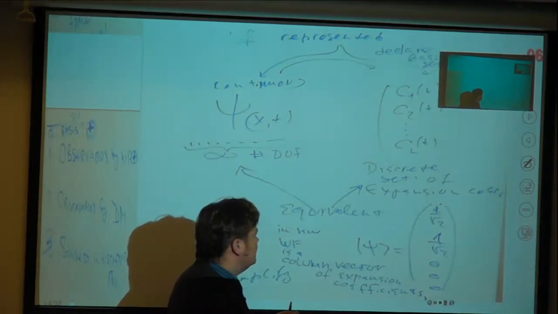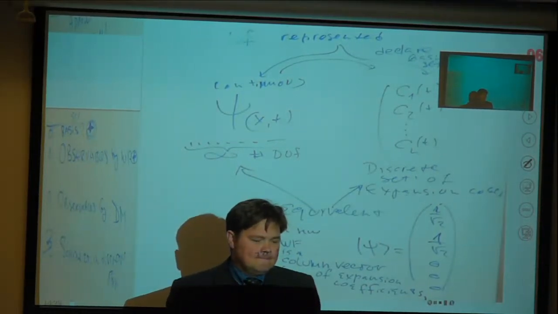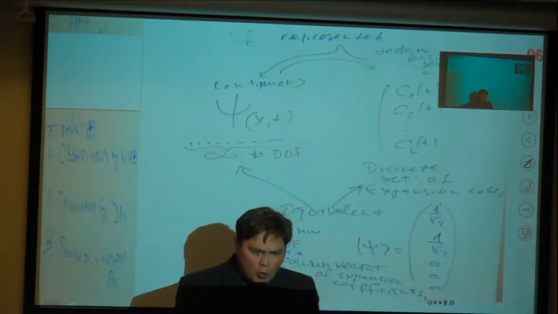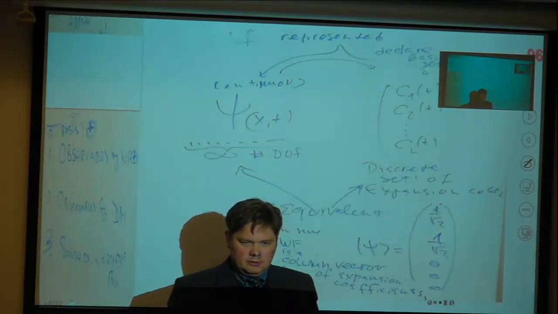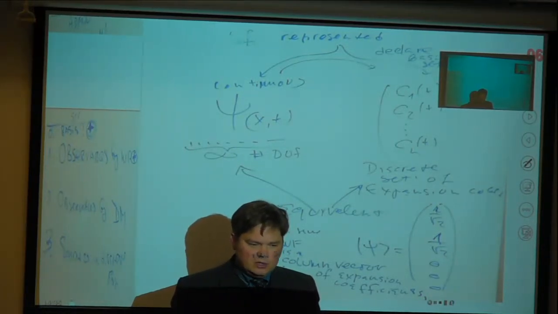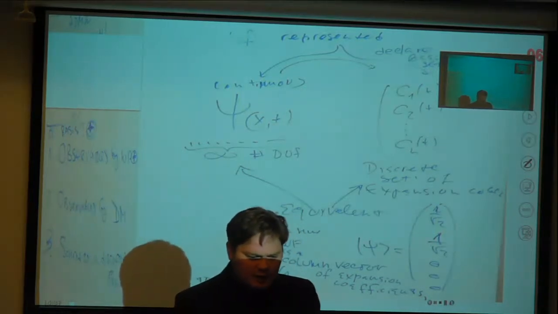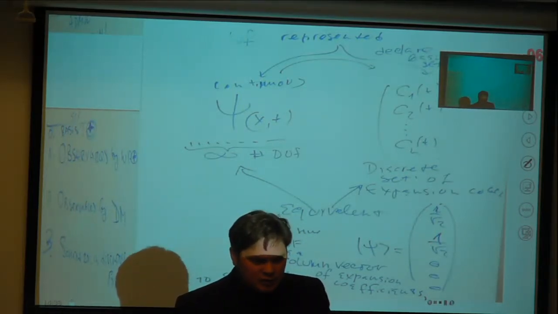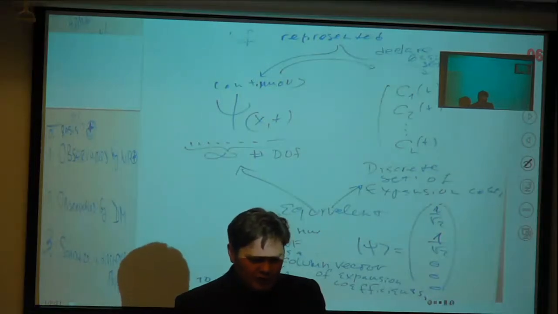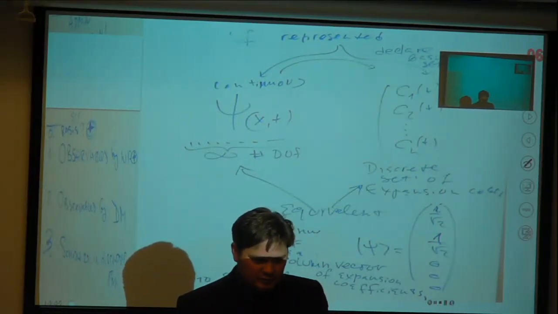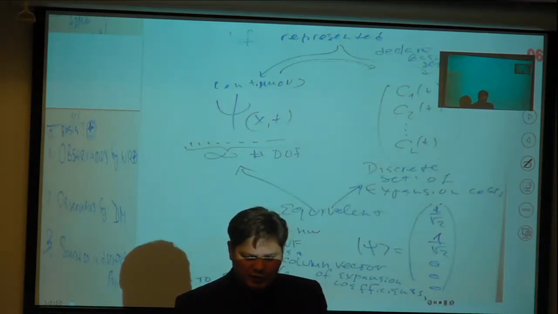But one can do all operations that we do here, all operations that allow us to predict the outcome of an experiment, all operations that allow us to predict the future and find the time propagation of observables.